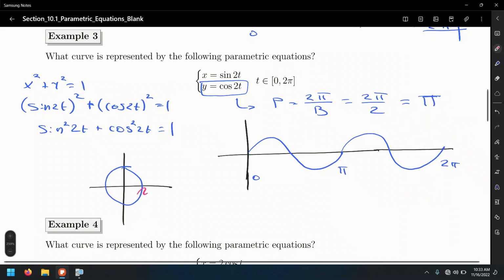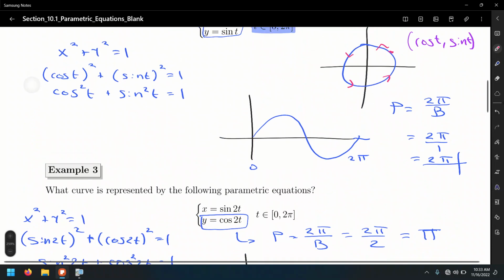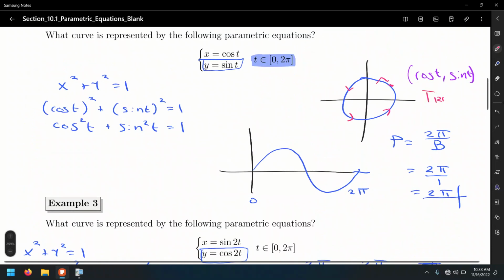However, in the clockwise direction, and note it's traversed twice, as opposed to the previous example in which the graph was traversed once.